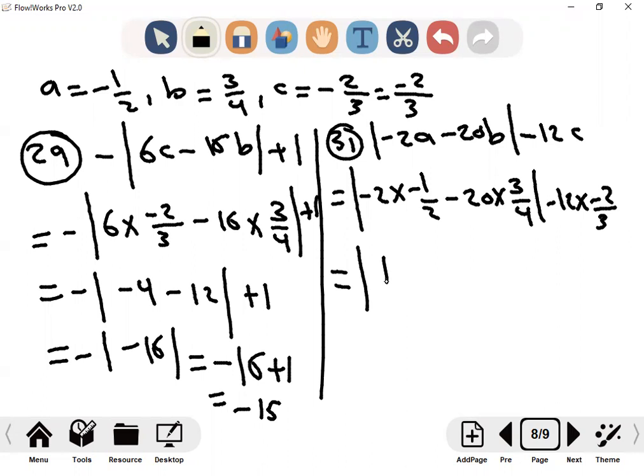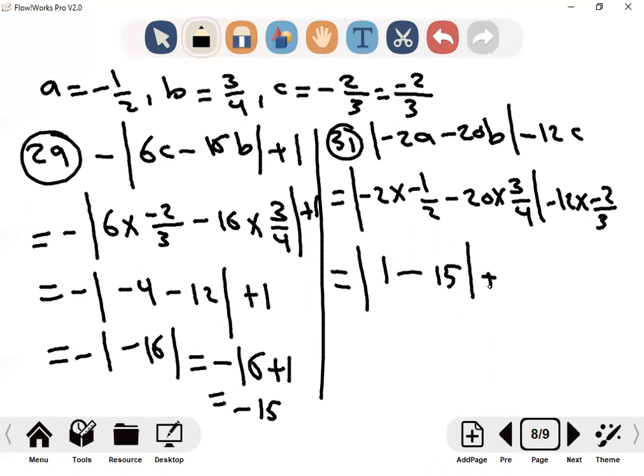Here 20 with 4, 5 by 3, 15. 20 times 3 is 60, divided by 4, also 15. So here 15 with negative. Outside, minus multiplied by minus is plus.